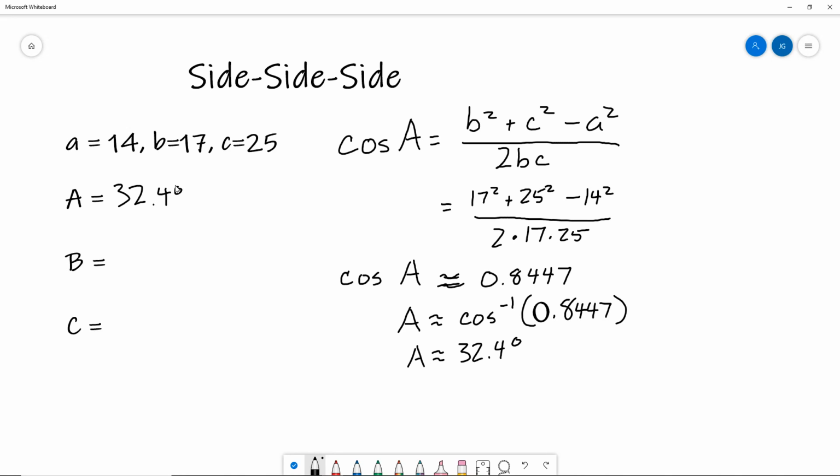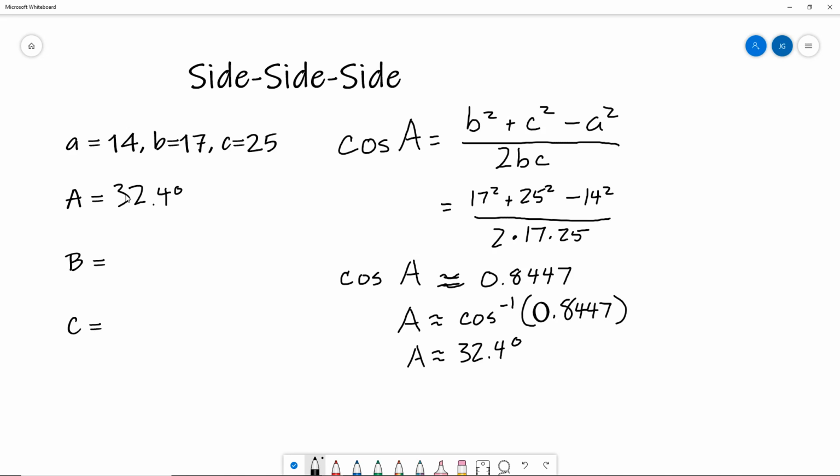And here's where I have a choice of how I want to do this. I could do the law of cosines for my angle B and do this entire process. And generally I find using the law of cosines to be the easier way to figure out my B angle. Or if I feel more comfortable doing it, I can switch over to the law of sines at this point, because now I have a situation where I have two sides and an angle.